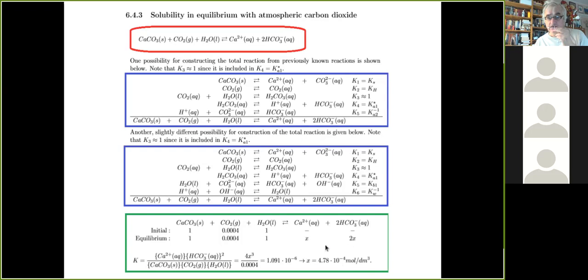This is quite a realistic value. Don't trust the decimals, but it's somewhere in the order of this, plus minus 50 or 100% maybe, in reality.